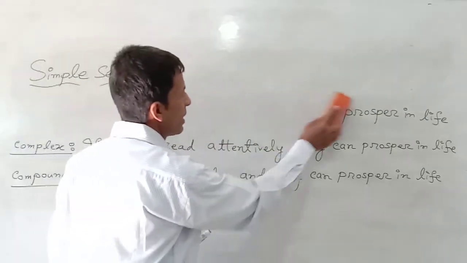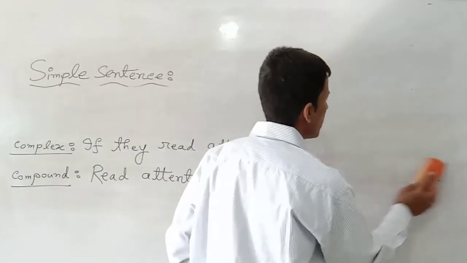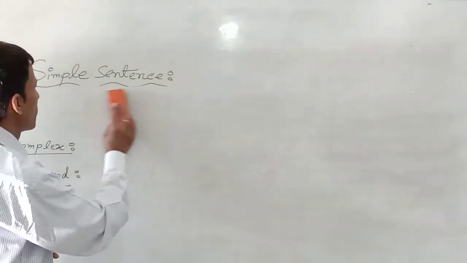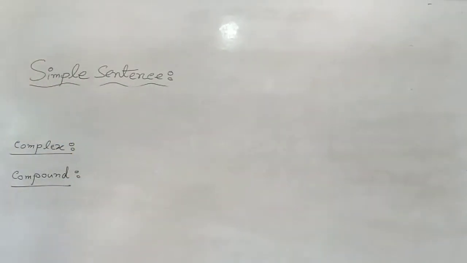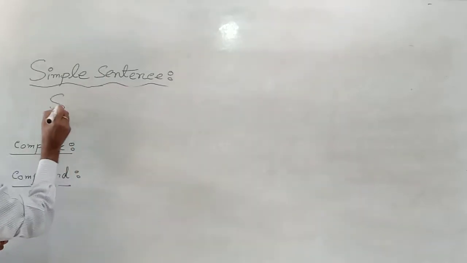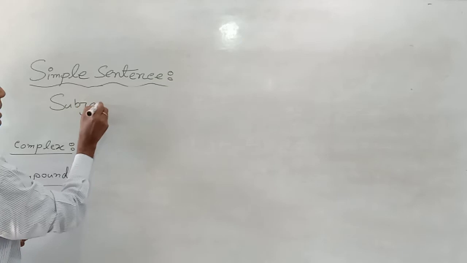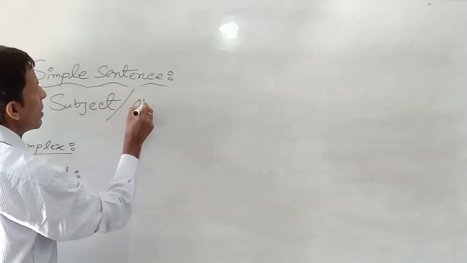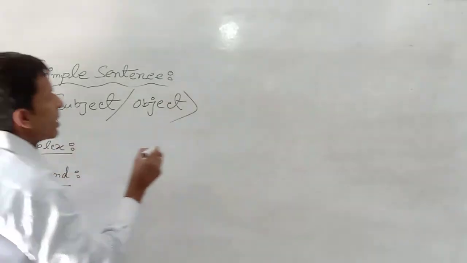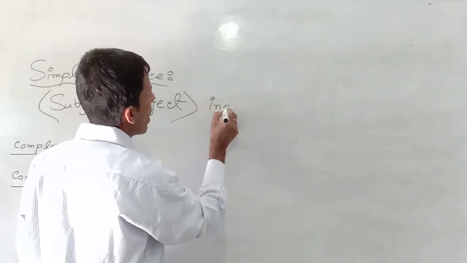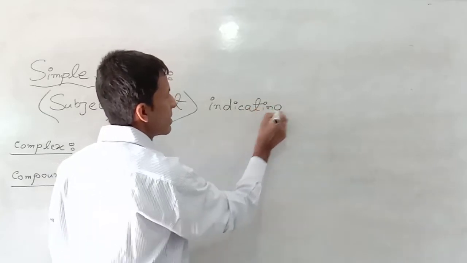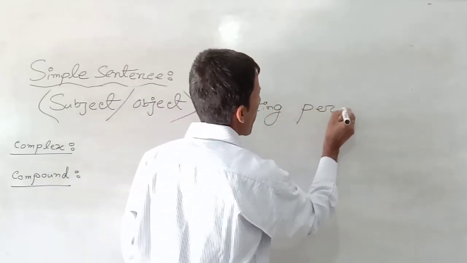Now in the next part, we will differentiate all types of sentences by identifying the subjective or objective case. Subject or object, indicating person.